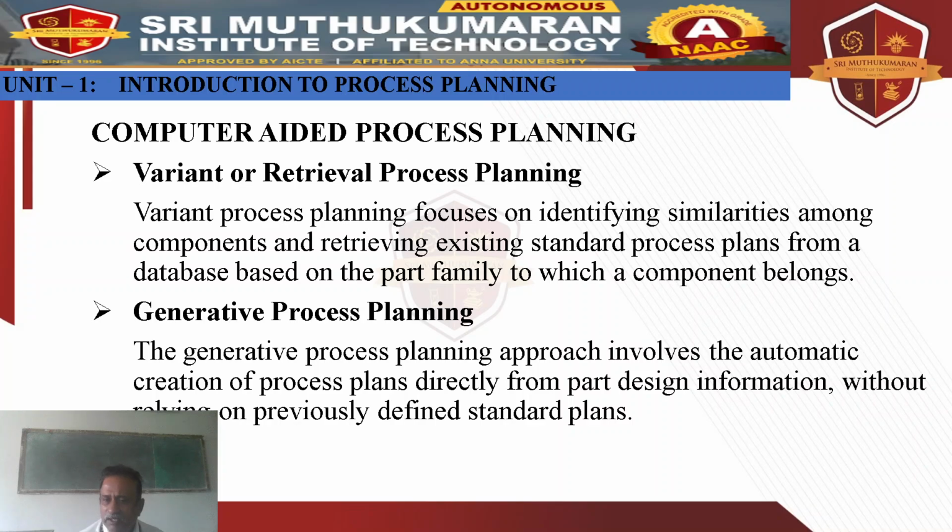The components, based on their shape and size, are grouped as families. It's called group technology. Based on that, the component belongs to a family, they will get a process plan which is already present in the database, and they do the required editing work to suit the current job and prepare the process plan.